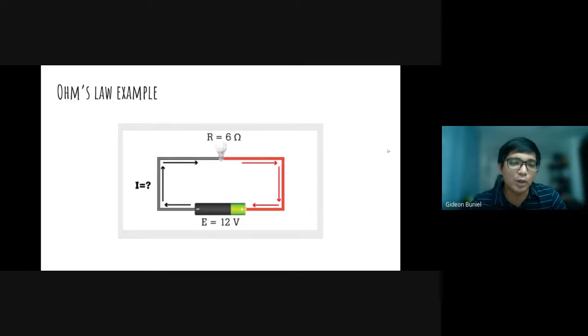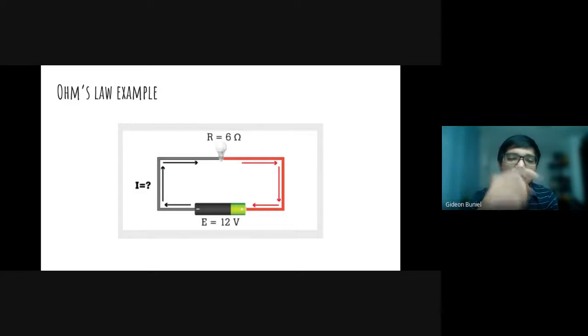Ohm's law example, as you can see here. We have the resistance is 6 ohms, the voltage is 12 volts. Now, what would be the current for the circuit? We'll go back to the previous example.